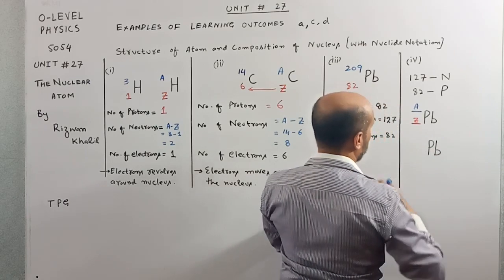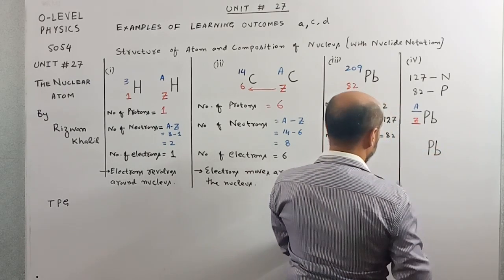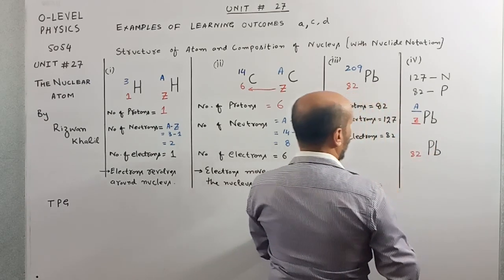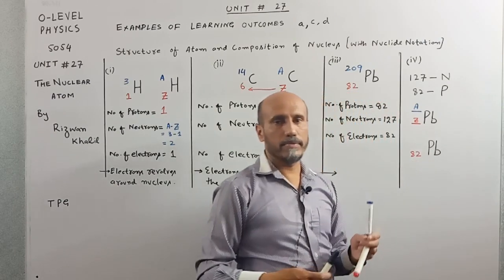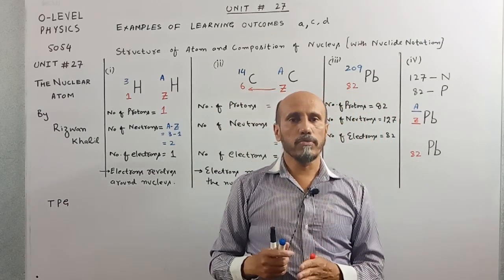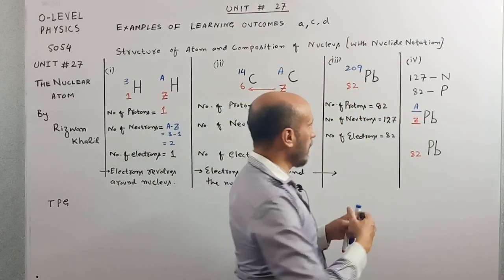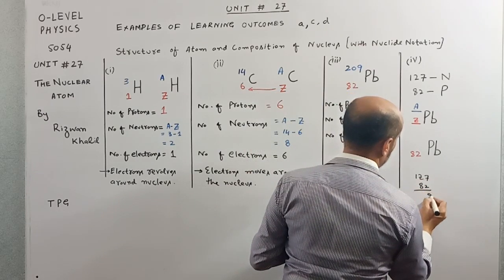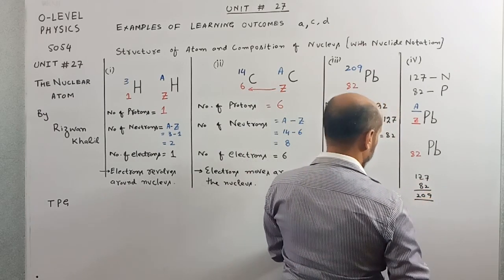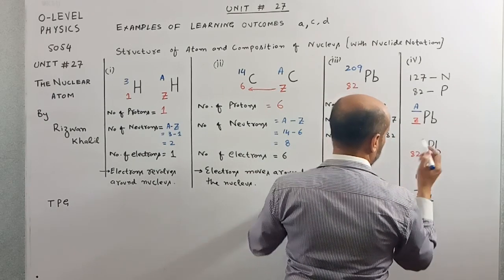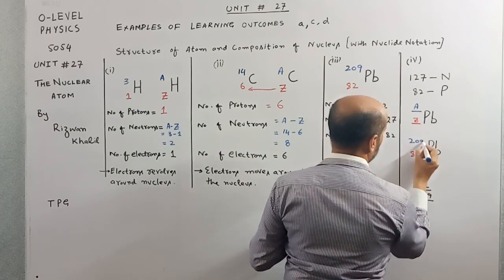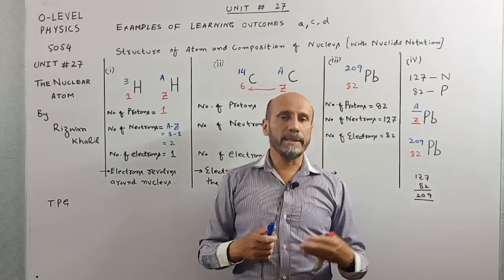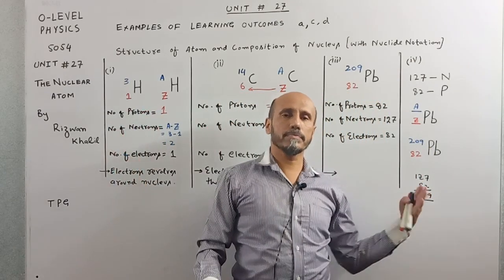How many protons are there? 82. And what was meant by A? The sum of protons and neutrons. So what will we do? 127 plus 82 is 209. So what will we write over here? 209. In this way we can attempt these questions, if asked either this way or this way.